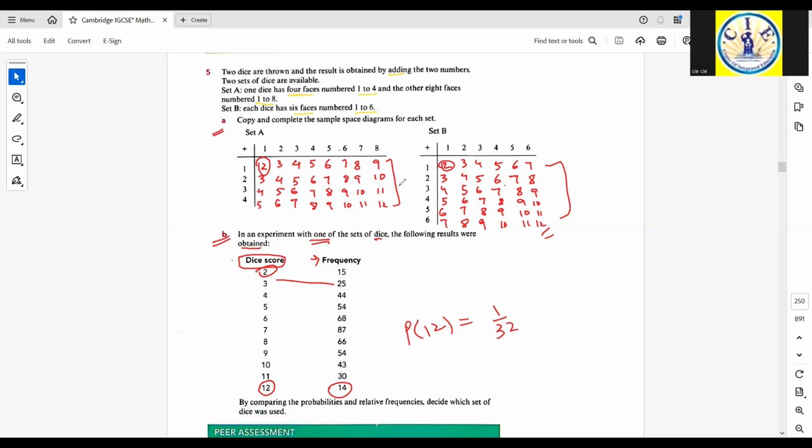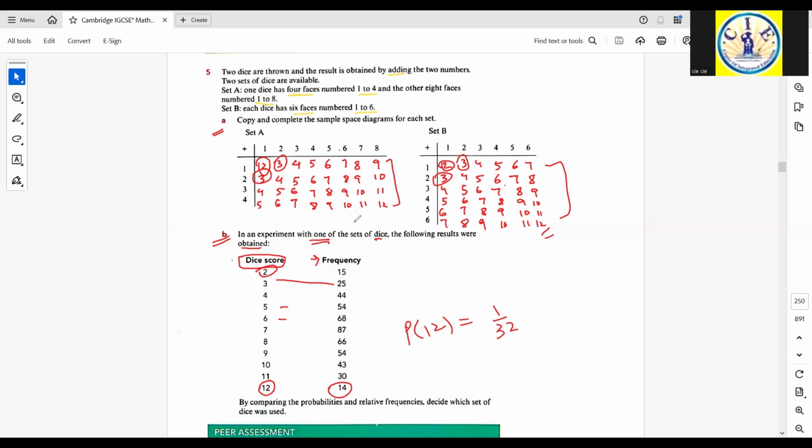So if you just calculate from both of the sets, this is 1 and 2 only. Both are alike. For 4, the results are almost the same, and 5, 6, and so on.